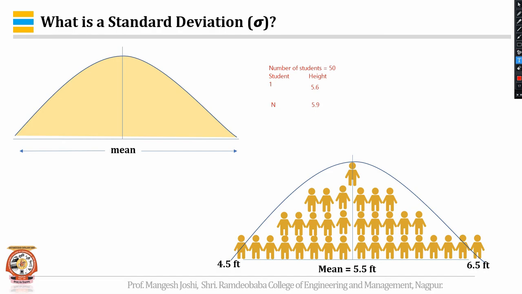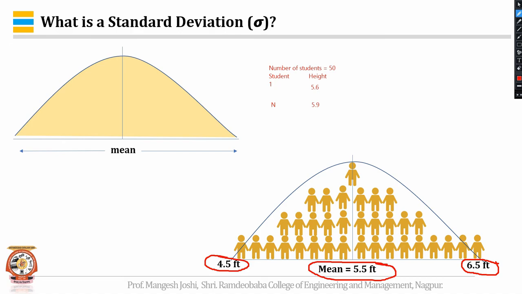Now you have calculated the mean and the standard deviation. Assume that the mean height is 5.5 feet. Let us say the maximum height of a person in the class is 6.5 feet, and suppose the least height is 4.5 feet.